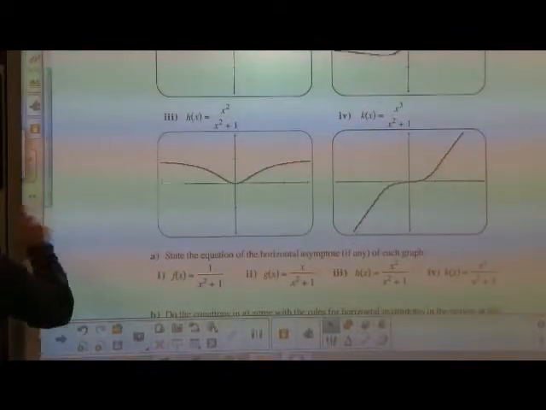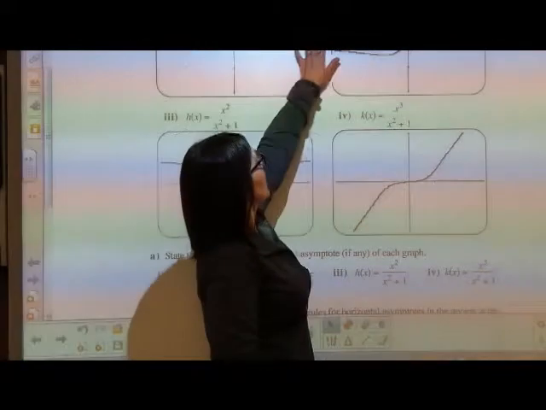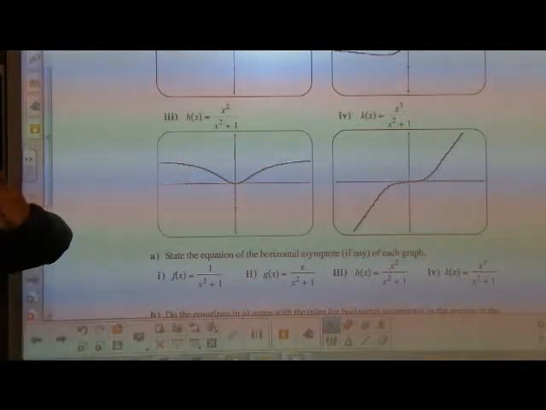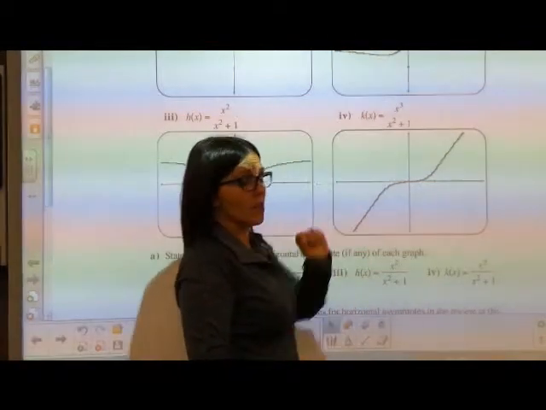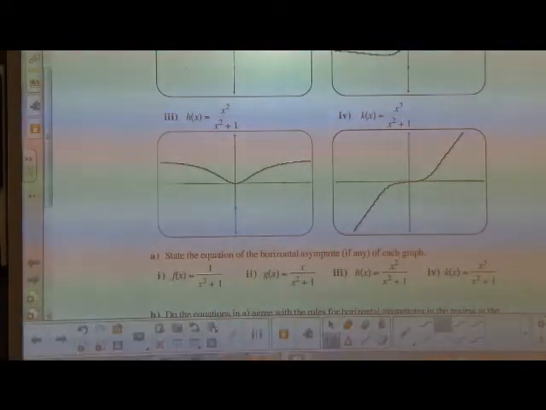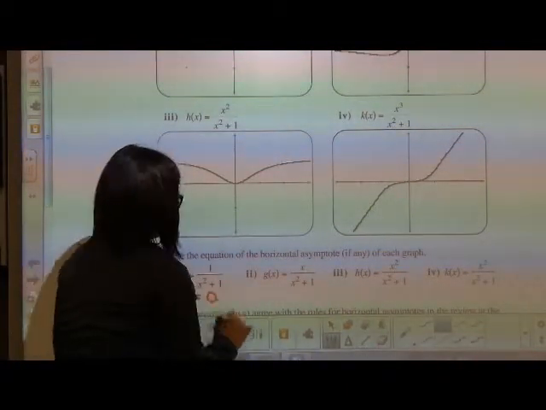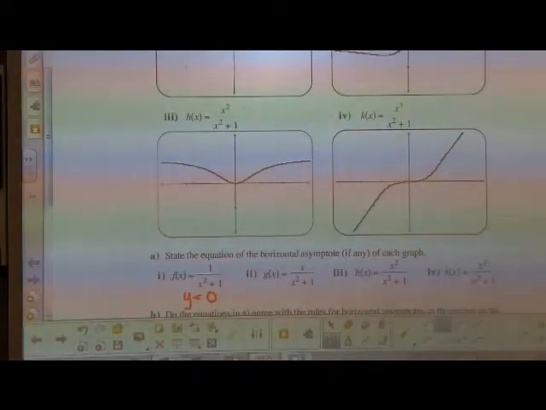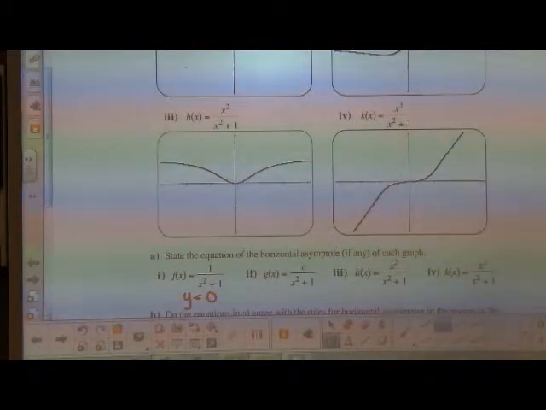Okay. So if I look at question A, the horizontal asymptote of each graph. So if I look at this one, the horizontal asymptote, yes, does look to be the x-axis. So that would be the equation y equals 0. Now, if I look at question 2, that is very similar to the question that we were looking at yesterday.